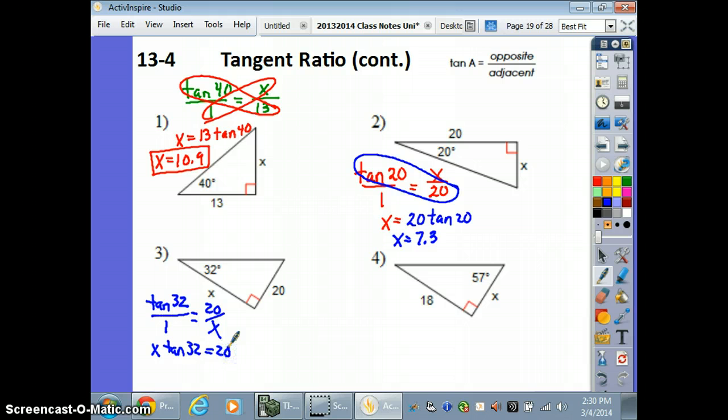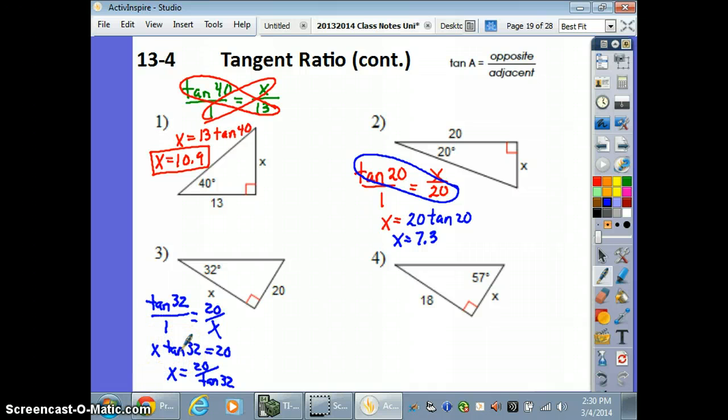Wow, this one really looks different. See how we had x equals? This time we have x times the tangent of 32 equals 20. How do we undo this? Just solve for x, isolate the x. We have to divide by tangent of 32. So x equals 20 divided by tangent of 32. The x had to be isolated by dividing by tangent of 32.